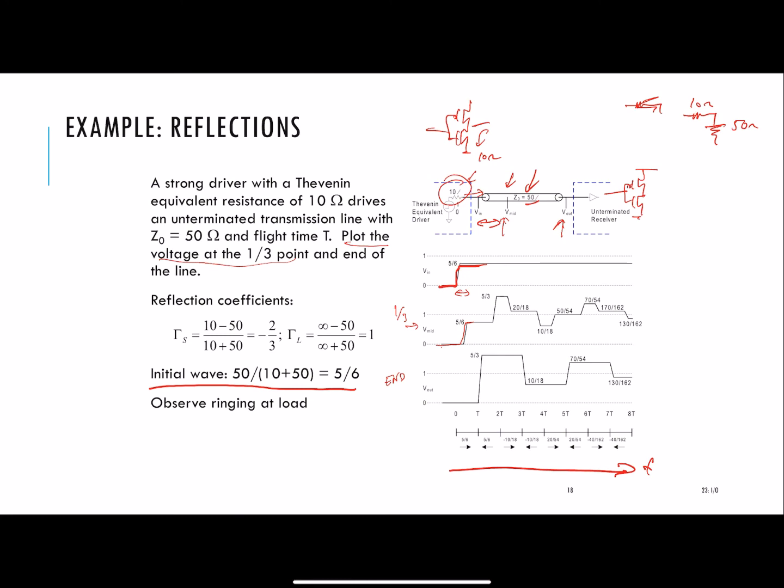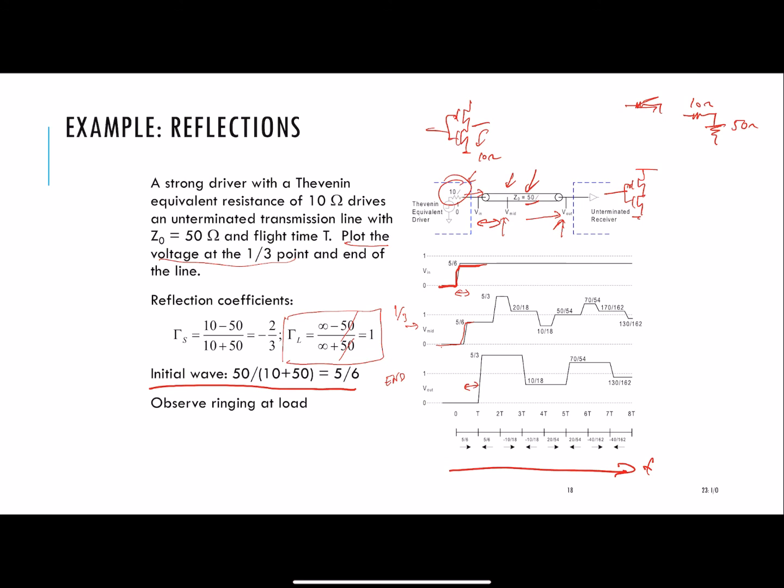Then a certain amount later, it gets to this open end, where you have very high, or infinite, input impedance at the load, so the reflection is infinity minus 50 over infinity plus 50, which is infinity over infinity, and that turns into 1.